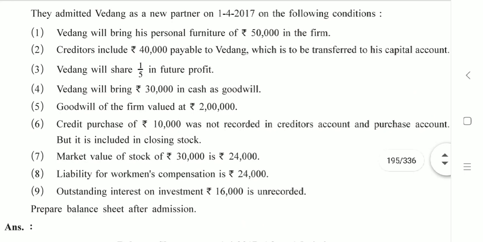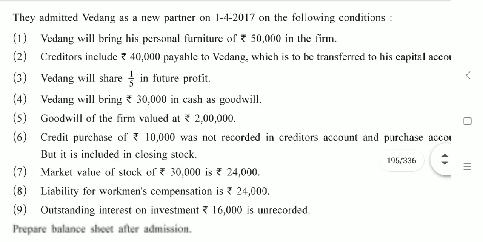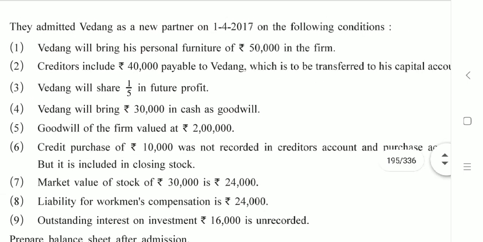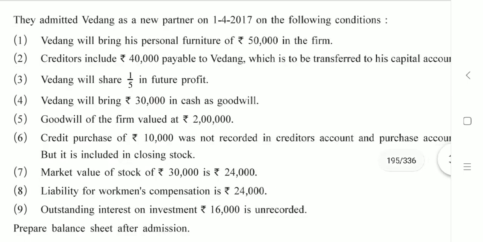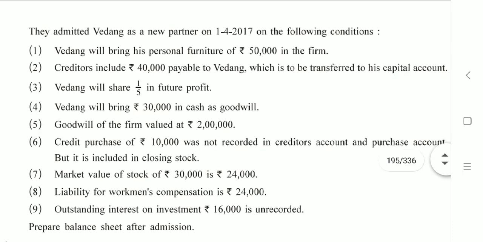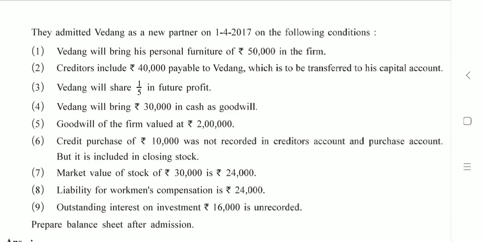So Vedang has brought an asset, that is furniture, as his capital. Then the second one: creditors include 40,000 payable to Vedang, which is to be transferred to his capital account. So creditors पे आप tick करेंगे and you will write down 2 over there.